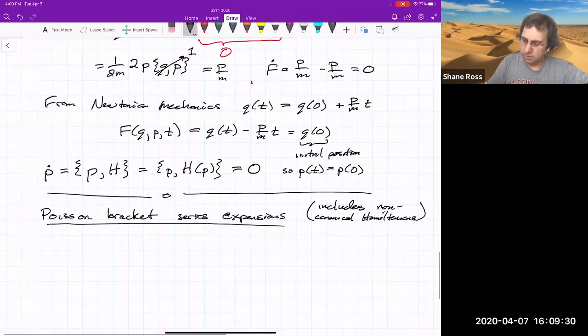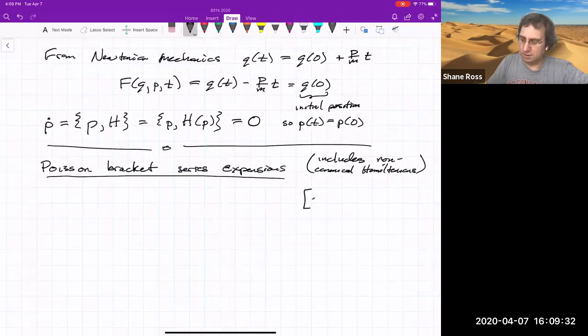I think this gets discussed in, I will provide these references, Section 9.6 of Goldstein.